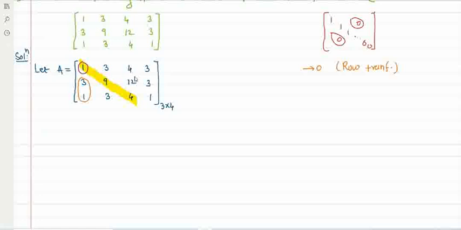I will consider the A11 element to reduce these two elements to 0. Can you tell what is the elementary transformation to reduce this element to 0? This element means R2. Okay, R2. What is your elementary transformation? You have to use the row number.